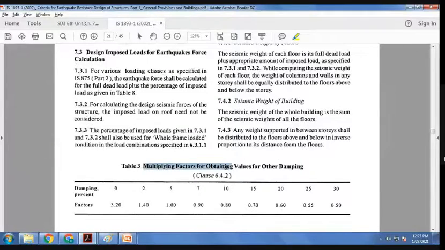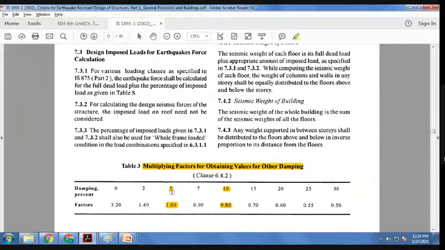The table gives the multiplying factor for obtaining the values for other dampings. So our damping is 5%, and we multiply by a factor of 1. If he has given 10% damping, damping being nothing but restricting or reducing the vibration, we will multiply by 0.8.